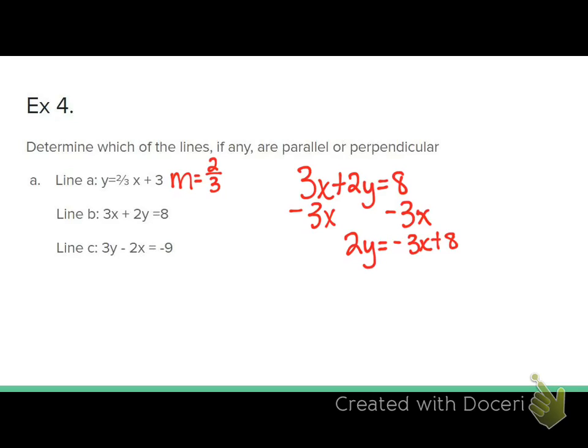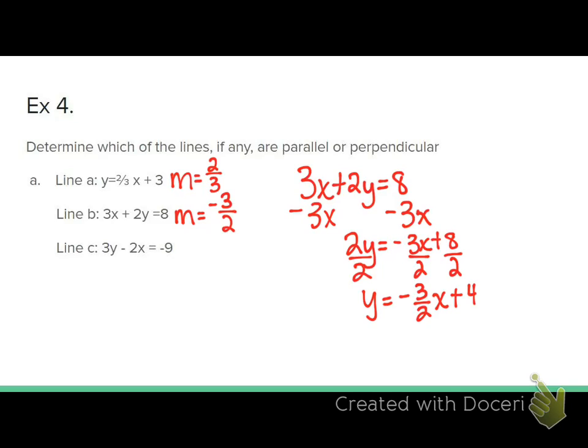Then we would divide all of them by 2. Y equals negative 3 halves x plus 4. So I keep the denominator 2 just with the 3. What's the slope of that line? Negative 3 over 2. Questions about that slope?